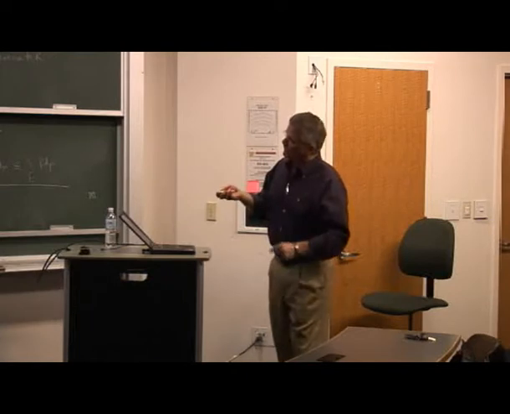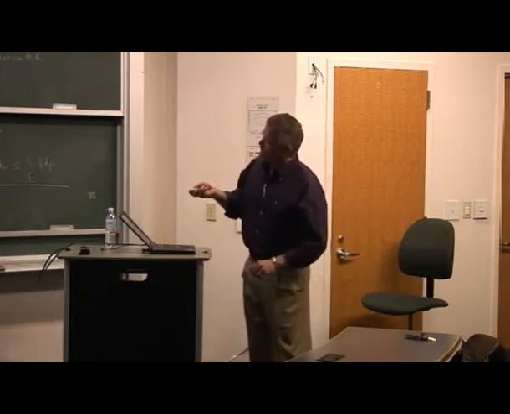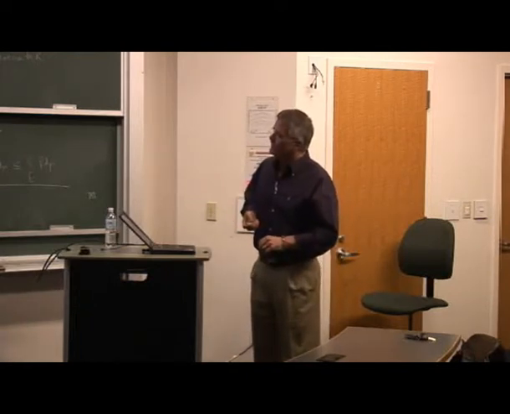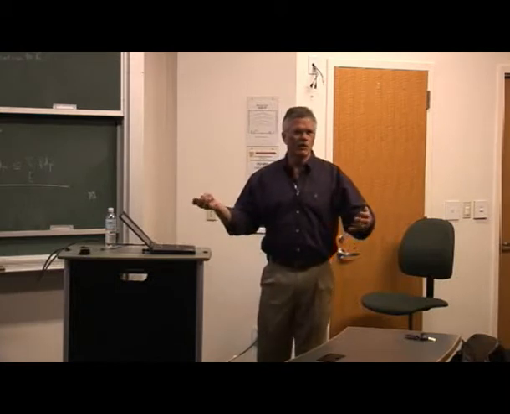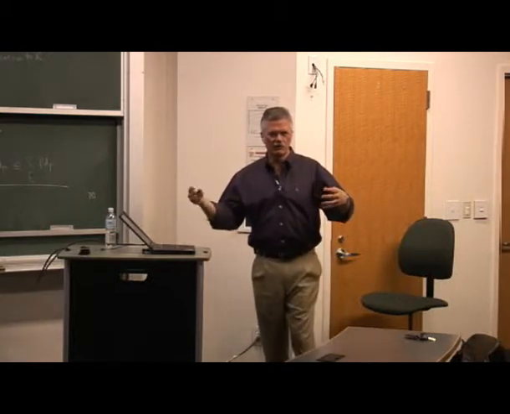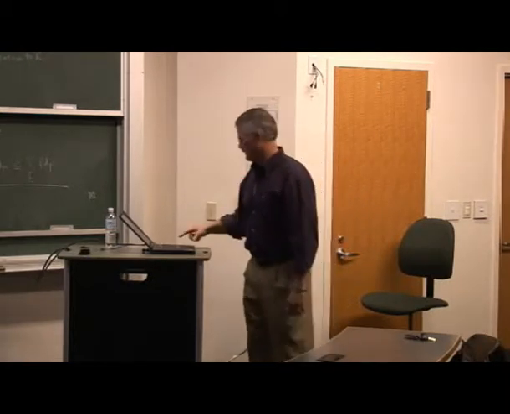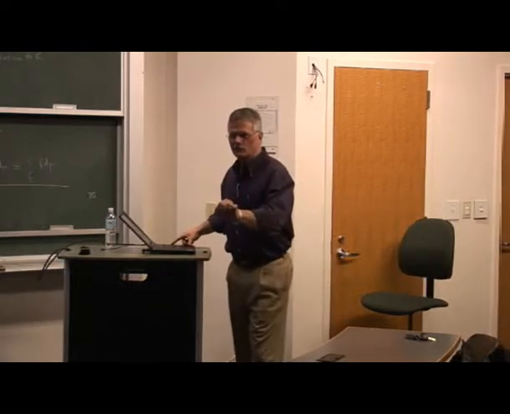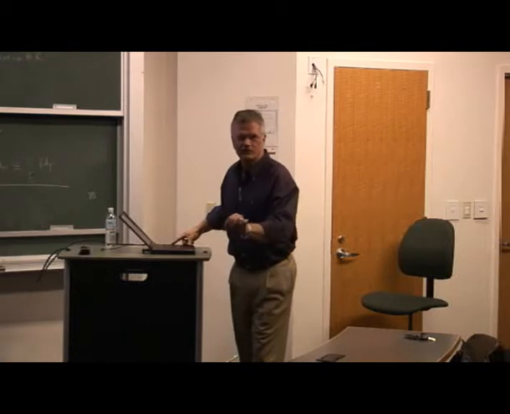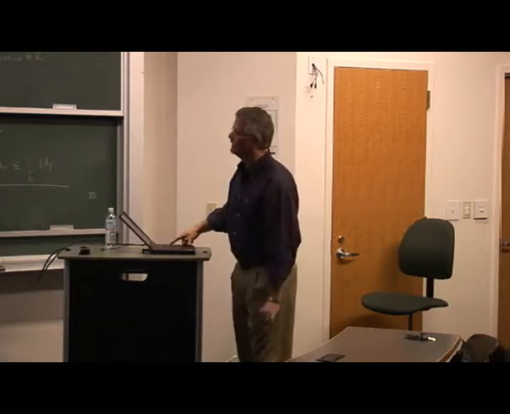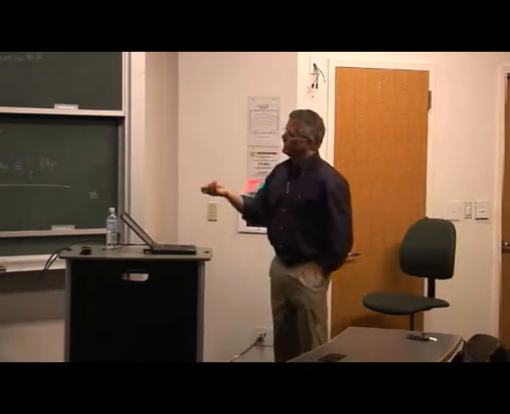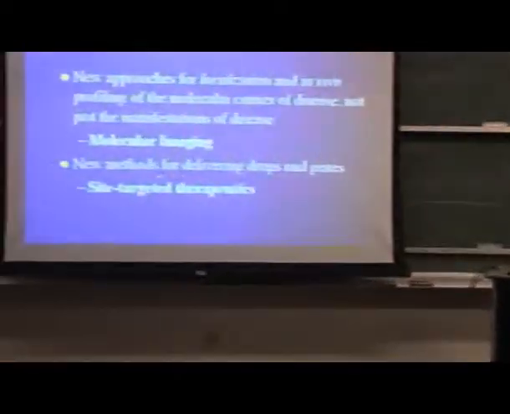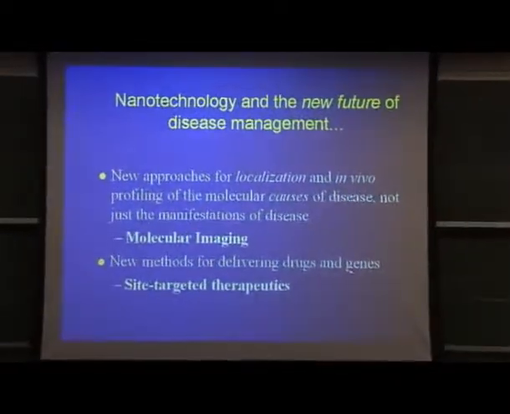So molecular imaging basically is like in vivo immunocytochemistry in a way, but with really much lower resolution. So you're not really imaging the molecule. You're tagging the molecule and imaging the contrast agent that went along with the tag. And the other thing that we do is we develop new methods for delivering drugs and genes.